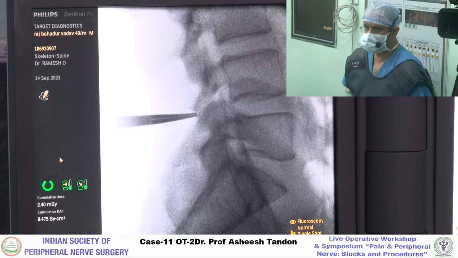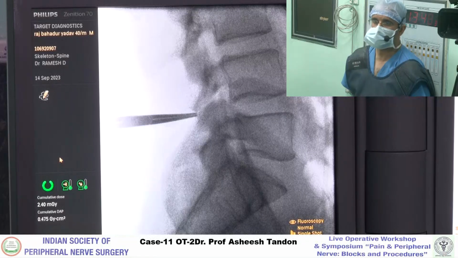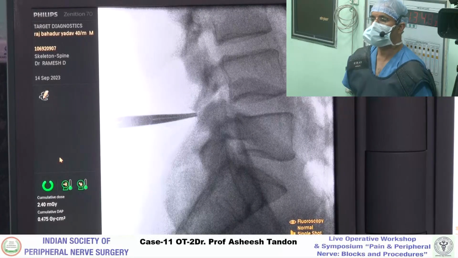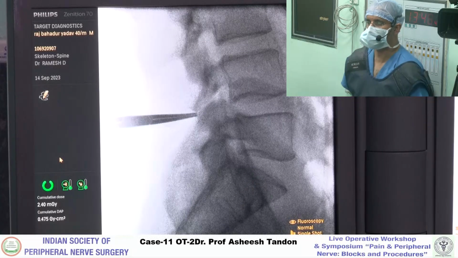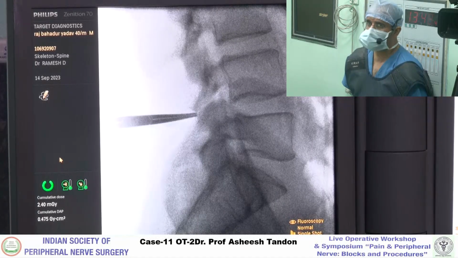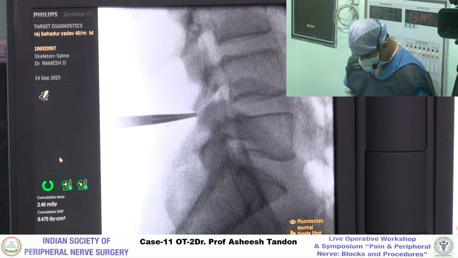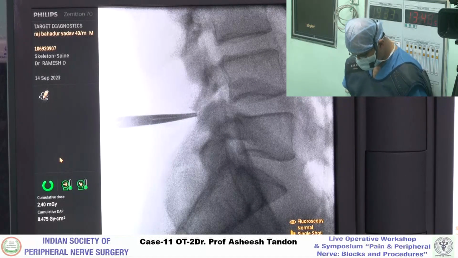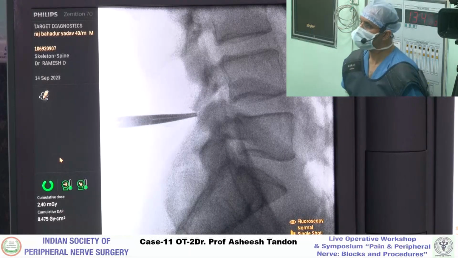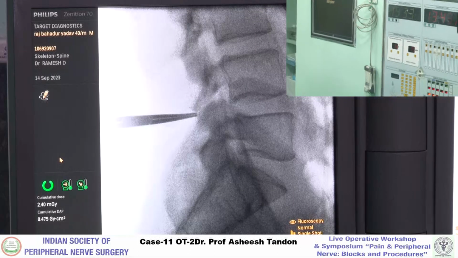Adrenal suppression, for example, is extremely low, though it has been reported even with local, but it is very low with a local steroid injection, whereas it is quite high when you give it systemically. Similarly, osteoporosis and other complications of steroids. Having said that, I think systemic steroids have a role in acute pain. We give our patients dexamethasone for a short period, like 1 week, 2 weeks, and they have a very good response. So I think drugs will always remain the first choice, which could be painkillers like pregabalin or steroids.